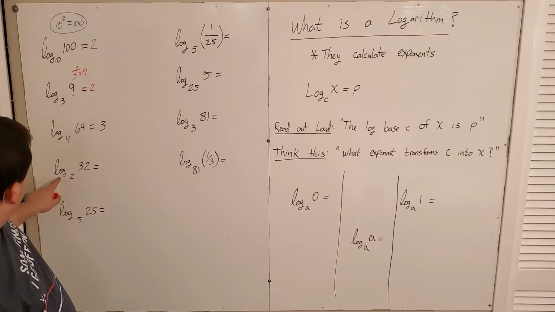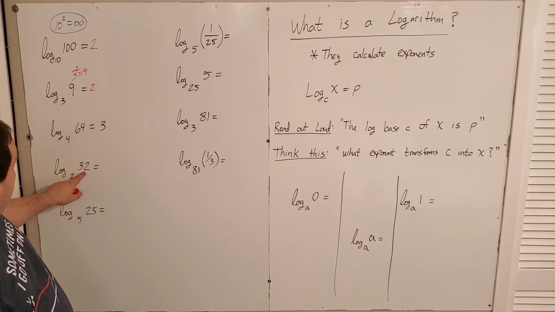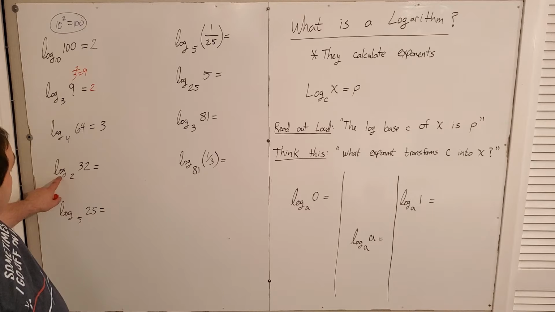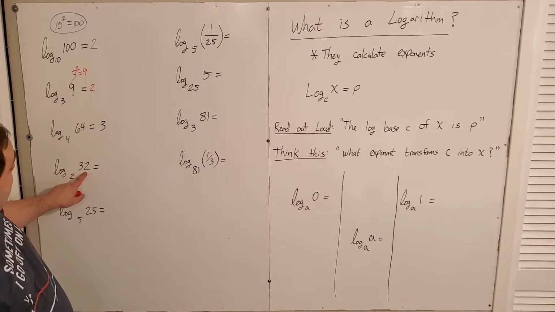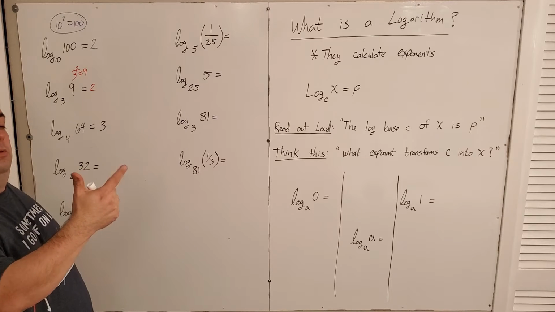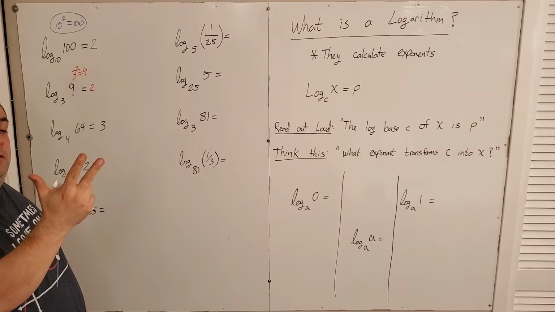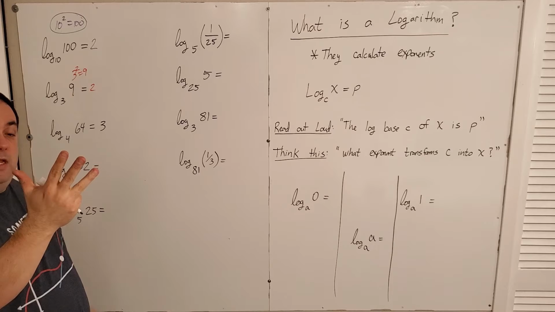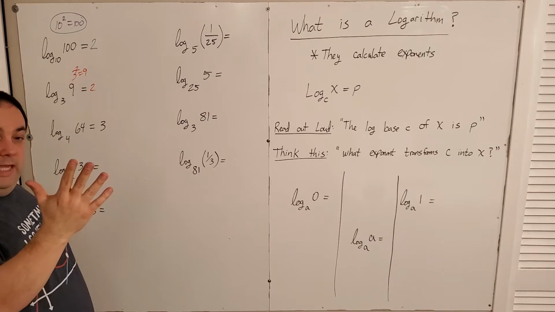All right. Log base 2 of 32. What exponent turns 2 into 32? So 2 times 2 is 4, times 2 again is 8, times 2 again is 16, times 2 again is 32.